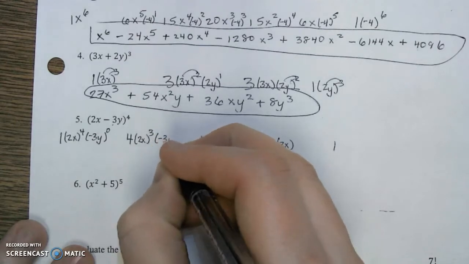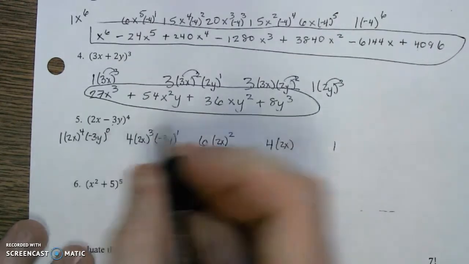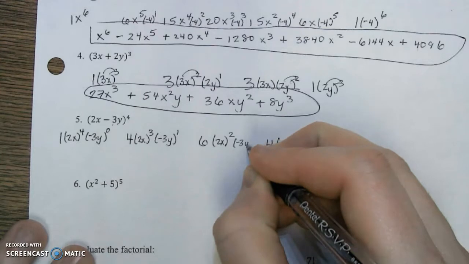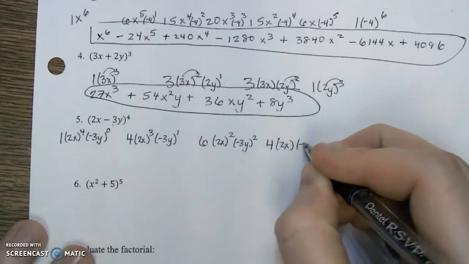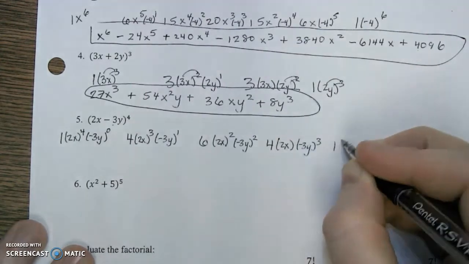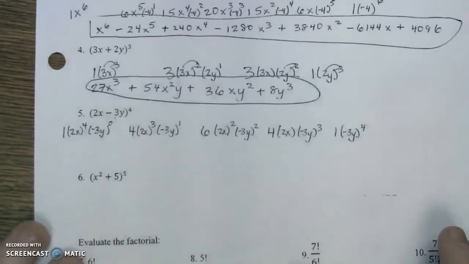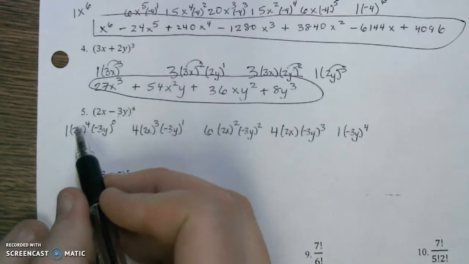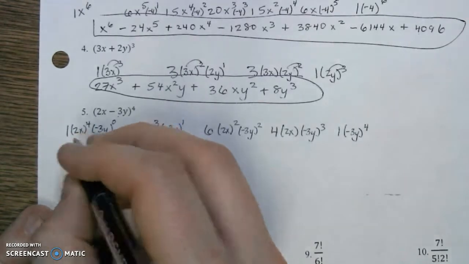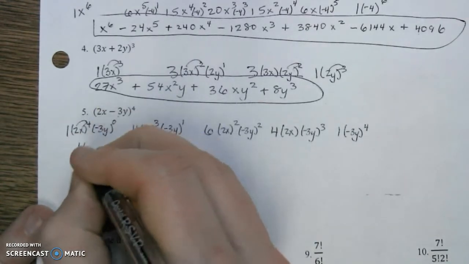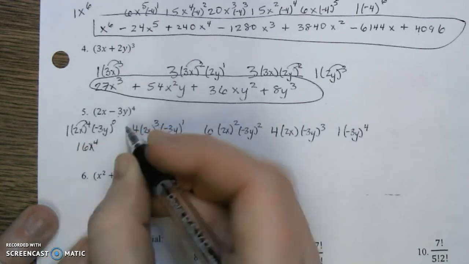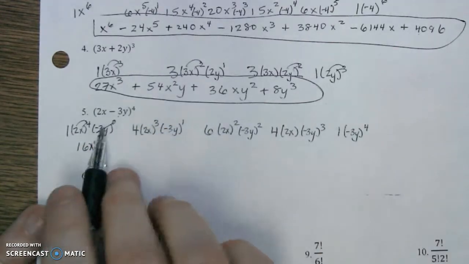Usually I don't put it, but I just did it to the 0. So you can either not put that or you can. All right, so we've got 2 to the fourth, which is 16, and then x to the fourth. And anything to the 0 is just 1, so I didn't really need to write that.